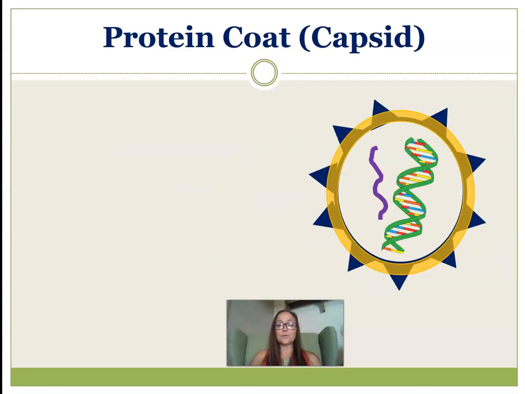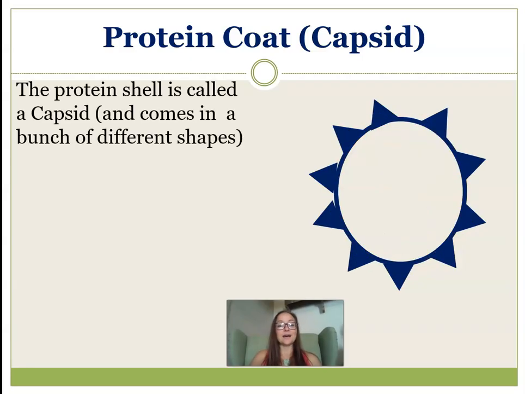This protein coat is more officially called a capsid, and it comes in a bunch of different shapes and sizes. If this is a virus infecting a plant, it might be more like a cylinder shape. And we'll see in another video about viruses that infect bacteria, and those look like cute little robots.